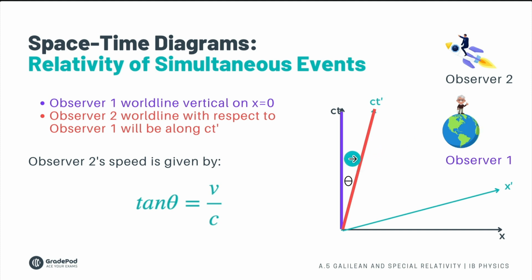We find the speed of frame S dash by using the angle between the vertical and this world line of ct dash, and using this relationship: tan theta equals v over c. v is the speed of observer 2 moving in relation to observer 1. c is the speed of light, and the tan function you should be very aware of. So once you know this angle, you can find the speed of observer 2 in relation to observer 1 using this equation, and it's pretty simple to do.